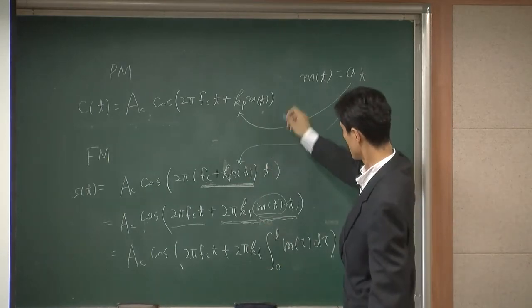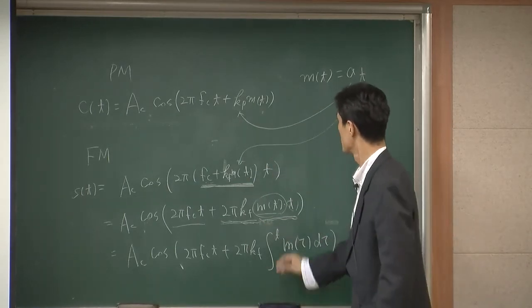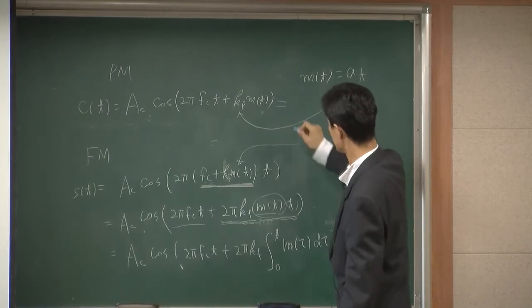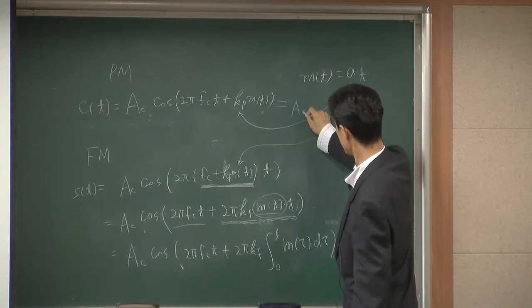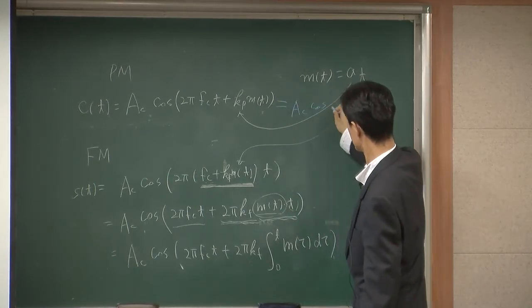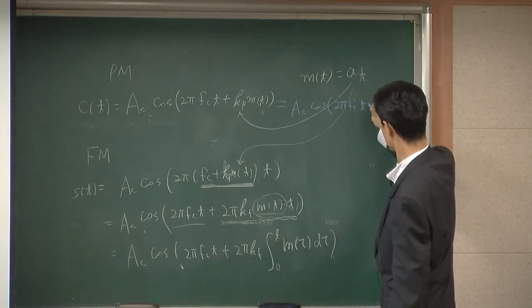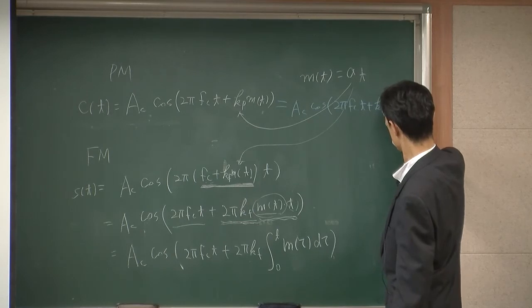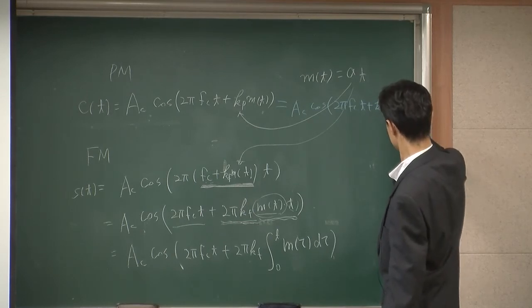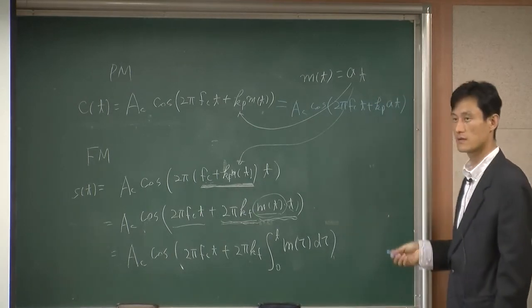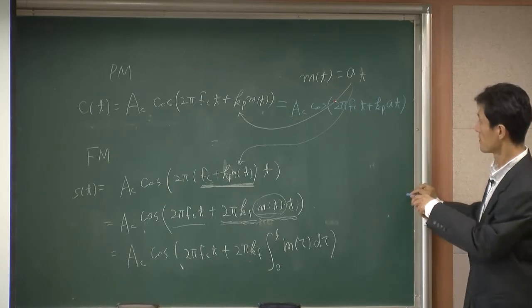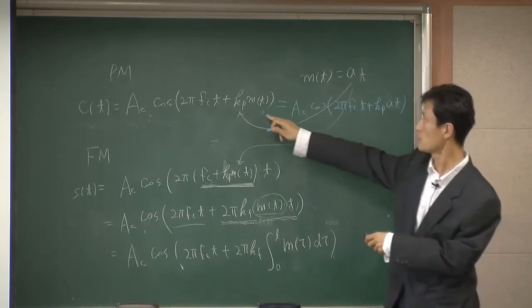Then we can write it as A_c cosine like this, because I put this a t into the message.